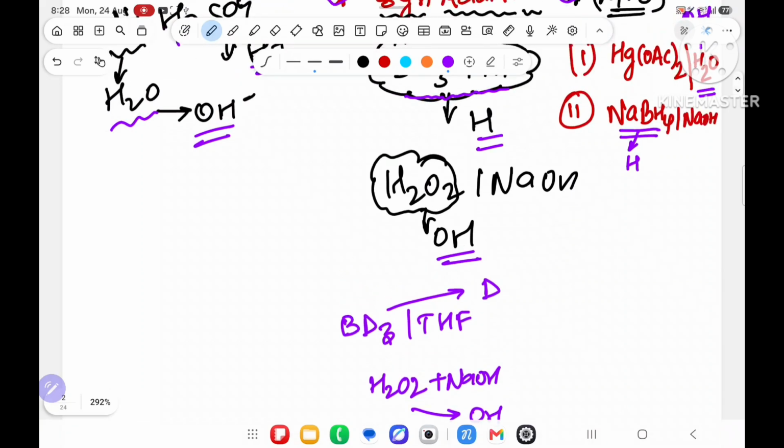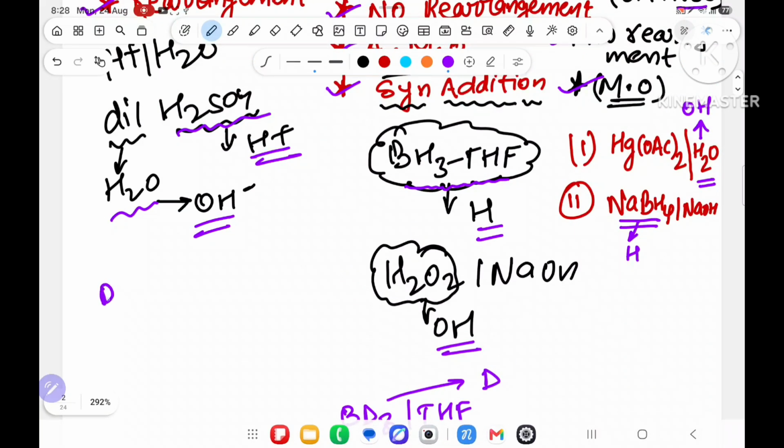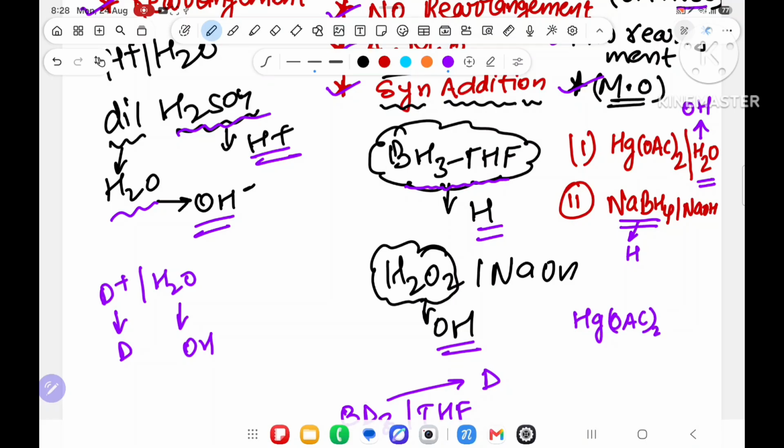Suppose I change the reagent over here to D plus H2O. So this will give D, this will give OH. Suppose over here I write Hg(OAc)2, D2O and NaBH4, NaOH. So what is coming?